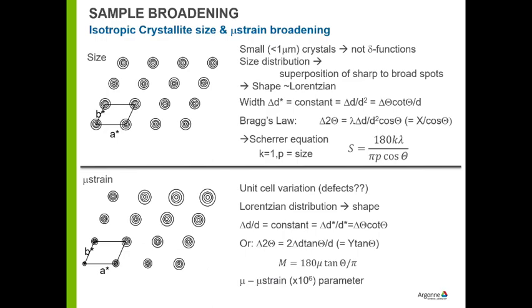Okay, sample broadening. Now you have to think a little bit in reciprocal space instead of real space, or ordinary space. And you have to ask yourself, if you have a big crystal, bigger than, say, 5 microns, then the resulting points in reciprocal space are simply the Fourier transform of the size of the crystal, which means, for all intents and purposes, they are delta functions.